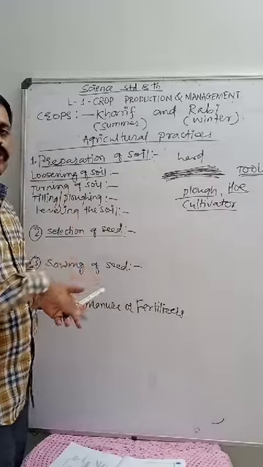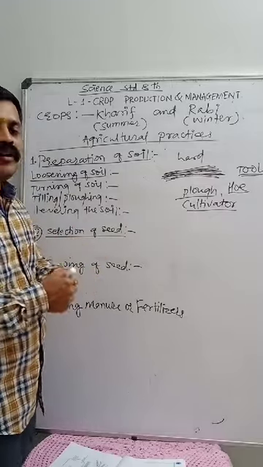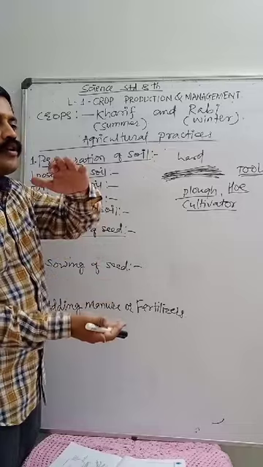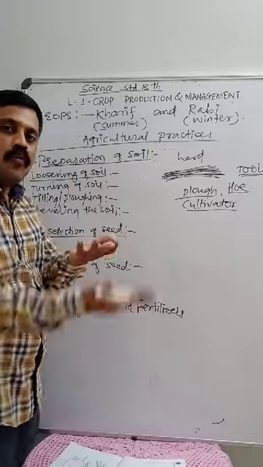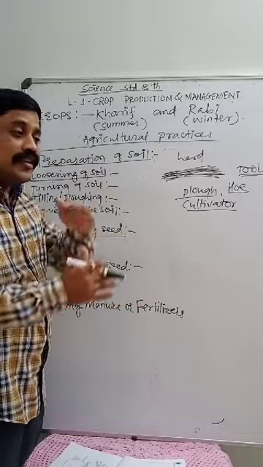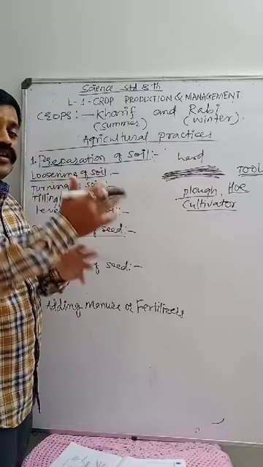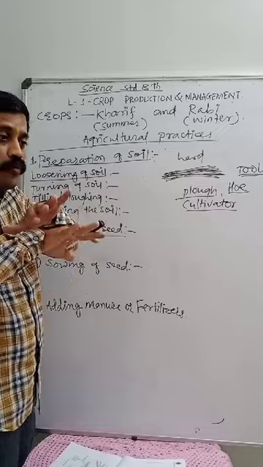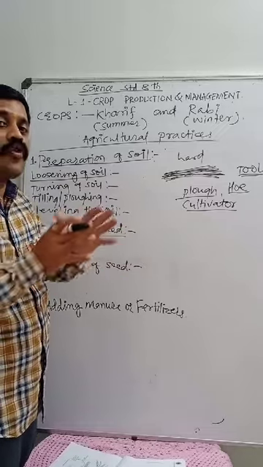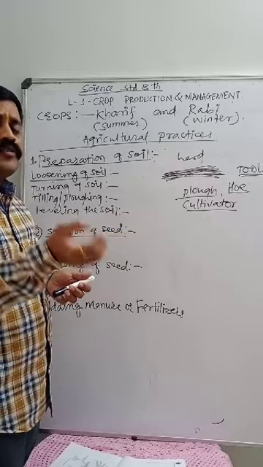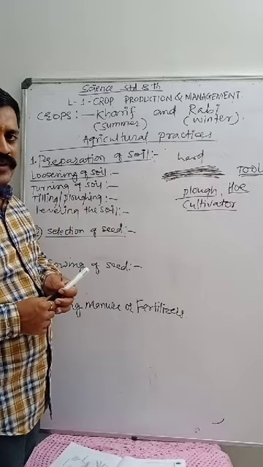Then turning of soil. Turning of soil up and down. Turning of soil means that the soil from below comes up, and the soil from above goes down. Why? Because if the soil is not turned upside down, then the proper distribution of the nutrients will not be there. And as you know, under the ground in the topsoil many microorganisms are living there.